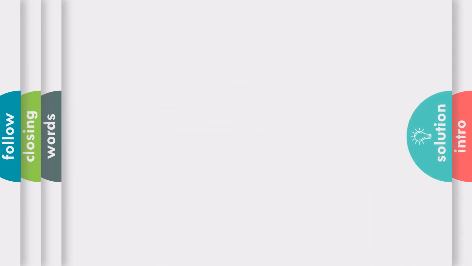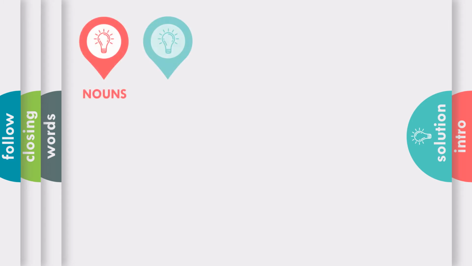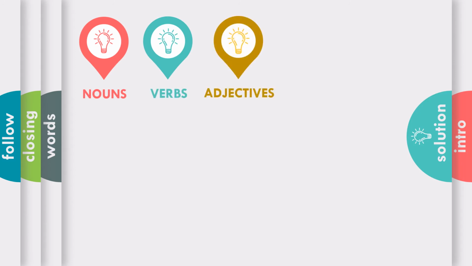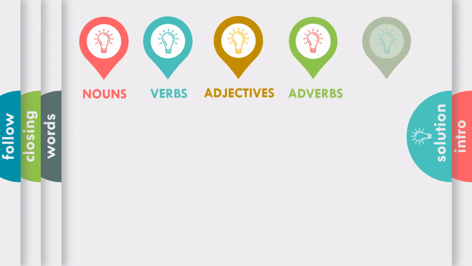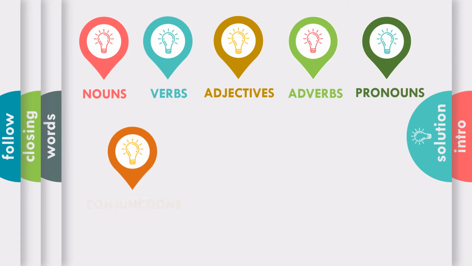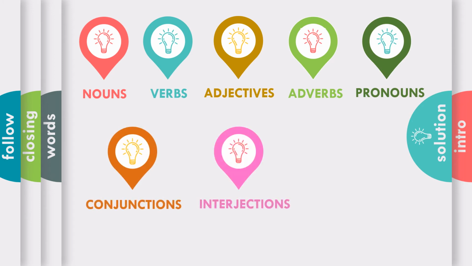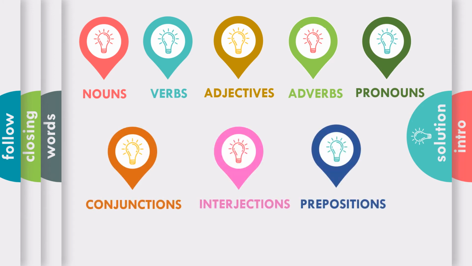That said, let's talk about the best sequence for teaching the parts of speech. Traditionally, there are 8 parts of speech. We have nouns, verbs, adjectives, adverbs, pronouns, conjunctions, interjections, and prepositions.